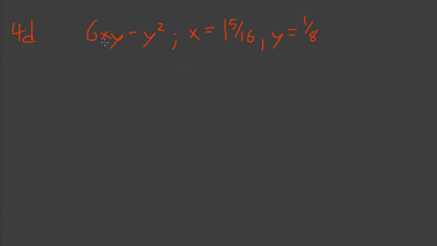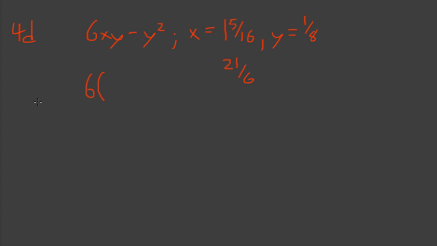So we're just going to plug these numbers into this formula. Before I plug those in, I'm going to change this one to an improper fraction. 16 times 1 is 16, plus 5 is 21, so 21/16.